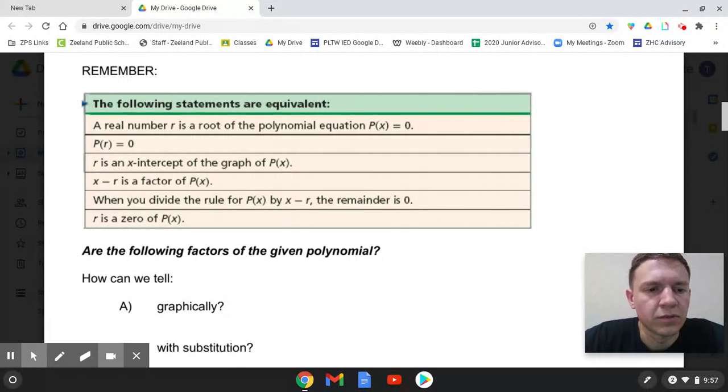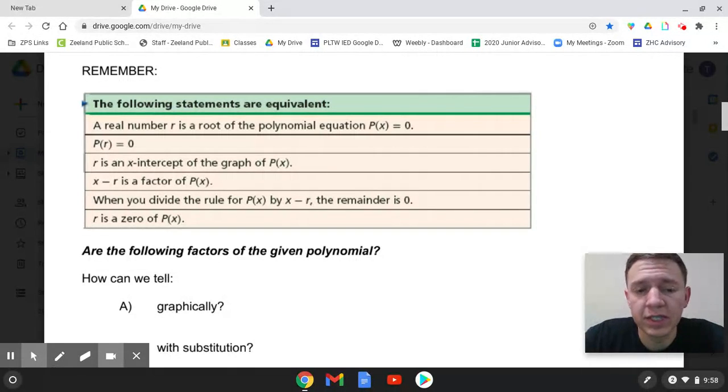Okay, if r is a root, then x minus r is a factor of p of x, and that's kind of where we're going with the x minus r stuff, or x minus anything, plus or minus anything. The rule just means when you divide p of x by x minus r, the remainder will be 0.